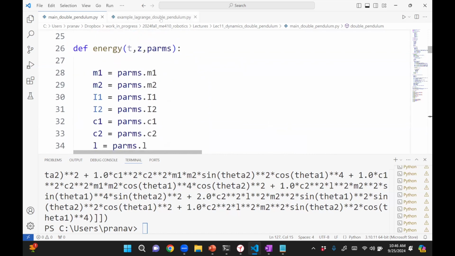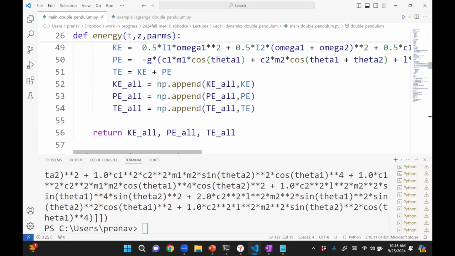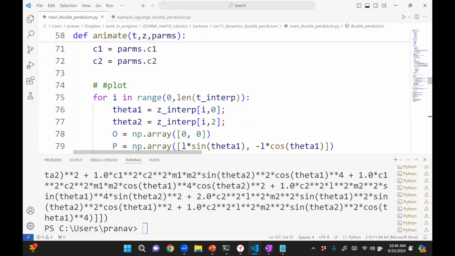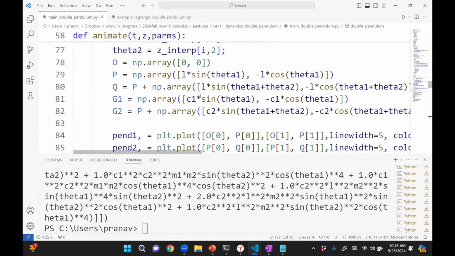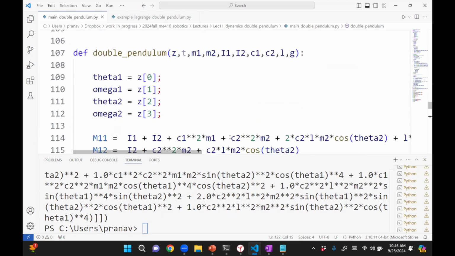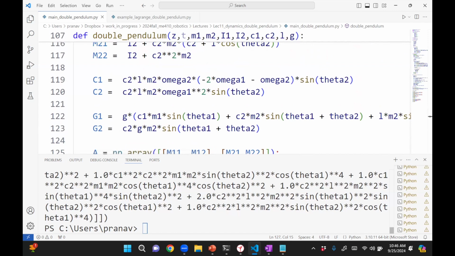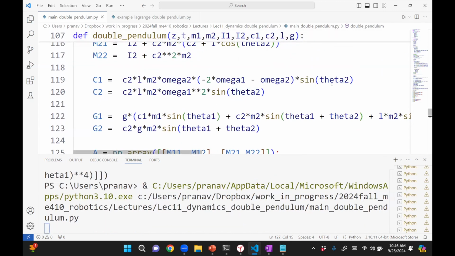Then I've also defined energy. It's a good way: if you have a conservative system, you can check that the total energy is constant. That means your equations are right. Essentially most of it is the same as before, just that the mass matrix was copy pasted from the earlier code. So you need to do that manually. So if you run this, you'll see the double pendulum.